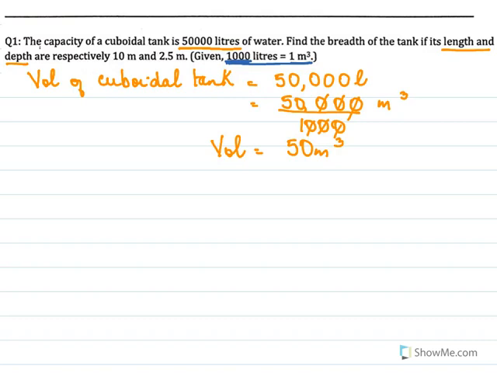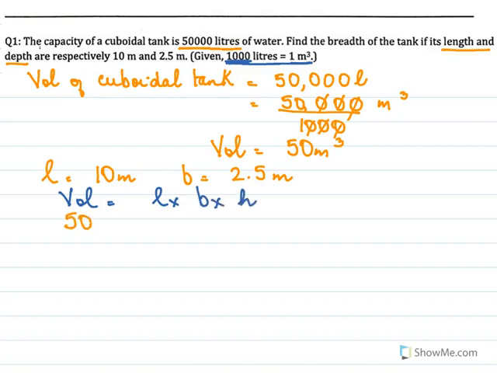Then the length is given as 10 meter and the depth is given as 2.5 meter. For a cuboid, the volume formula is length into breadth into height. So we have the volume is 50, length is 10, 2.5, and the other dimension is h.